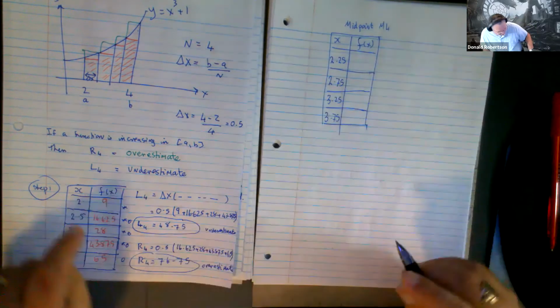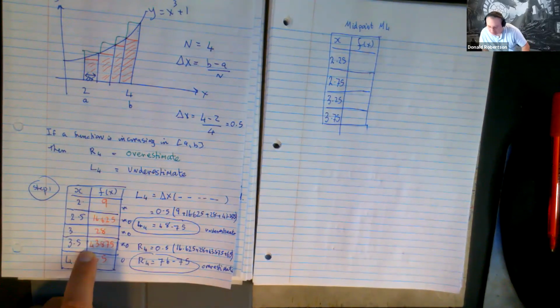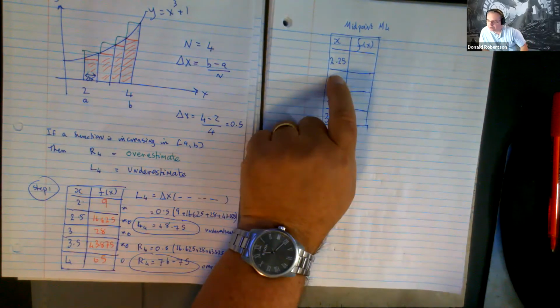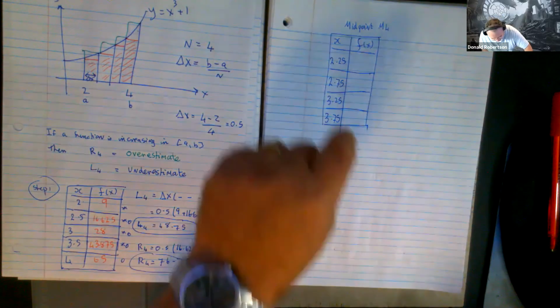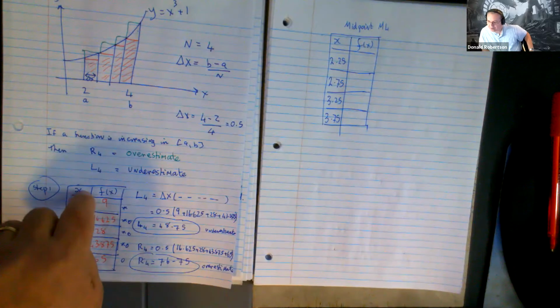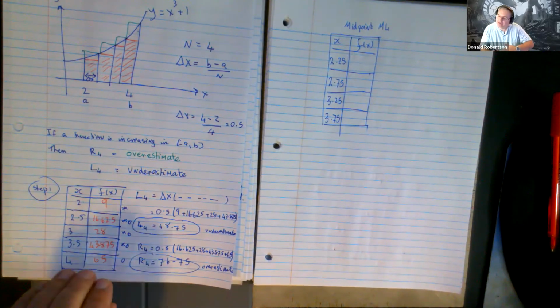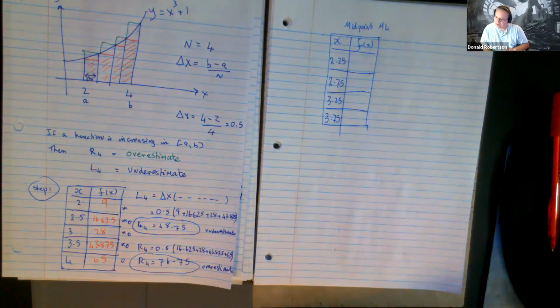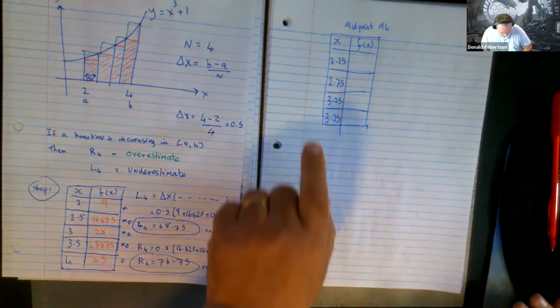You use the same table for a left and a right, but you have to create a slightly different table for the midpoint. Secondly, do you notice that the midpoint table only has 4 numbers? This table has 5 numbers, but you either use the first 4 or the last 4 for left and right. But here you have 4 numbers.